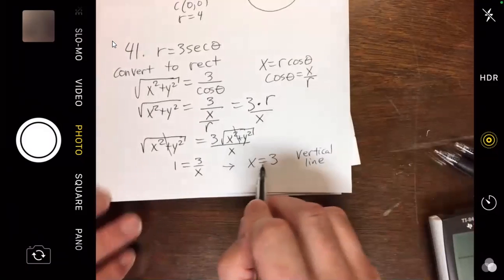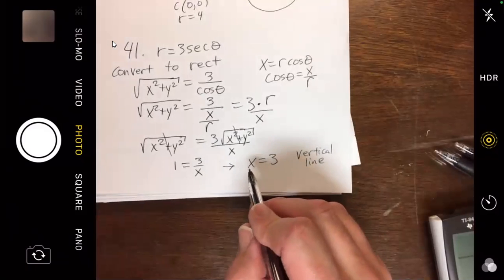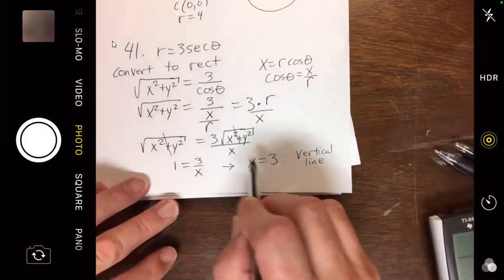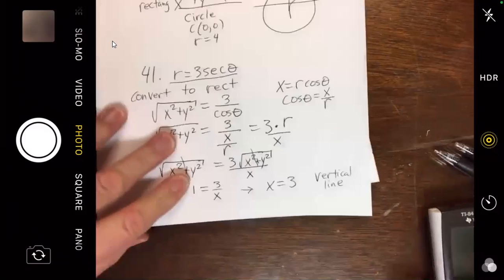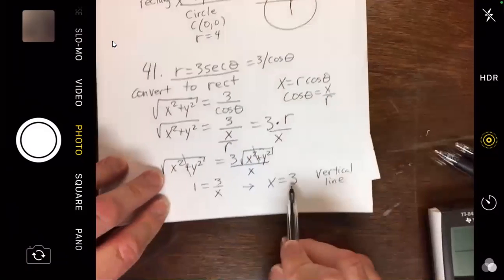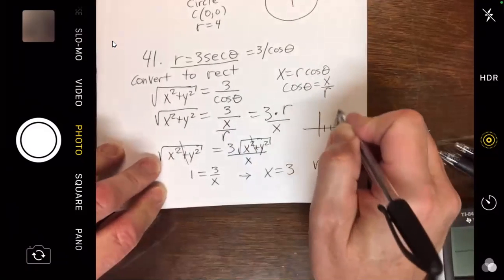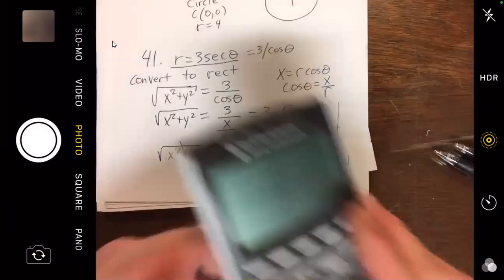You cannot graph this in rectangular mode. It violates the vertical line test. But you can graph it in polar. And just to show you, you'd have to enter it as 3 divided by cosine theta. And you do get a vertical line of x equals 3. 1, 2, 3. Show you.